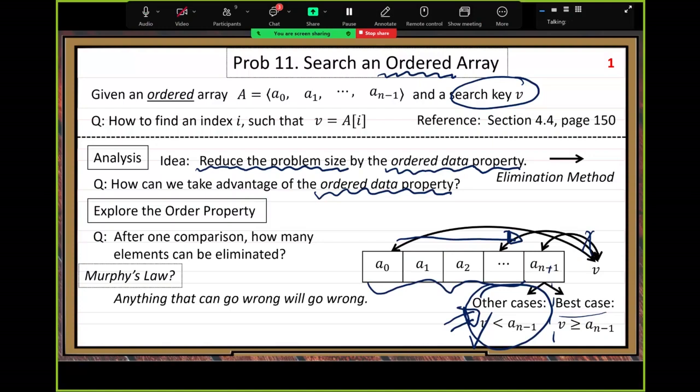So in order to make this bad one as small as possible, our goal is to make this portion as small as possible.